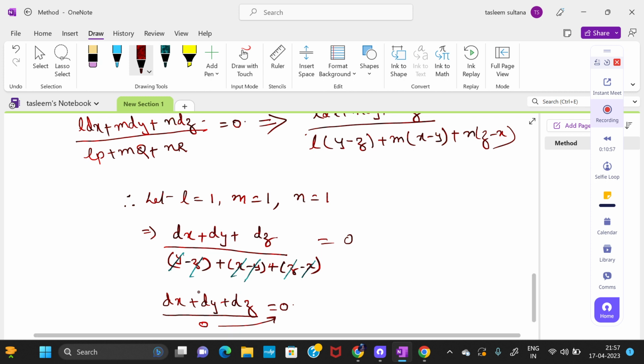Now cross multiply: dx plus dy plus dz equals 0.